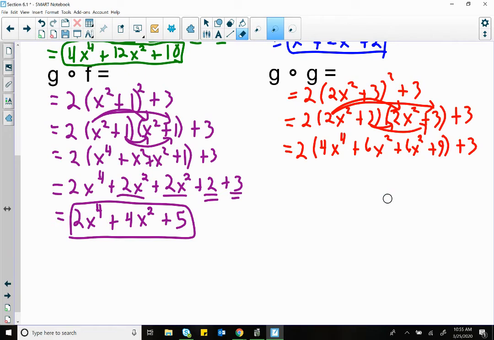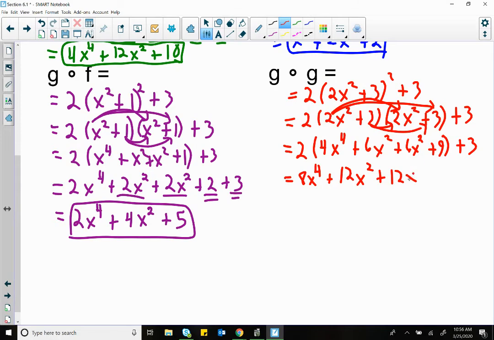Now distribute everything through. 2 times 4x to the 4th is 8x to the 4th. 2 times 6 is 12x squared. 2 times 6 is another 12x squared. 2 times 9 is 18 plus 3.